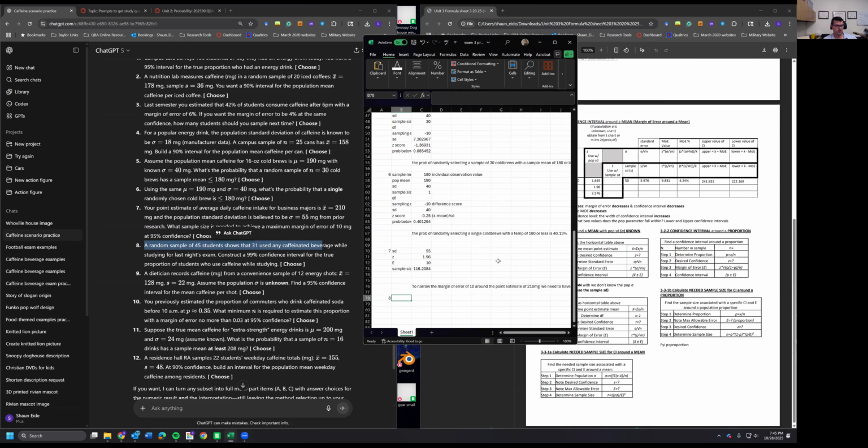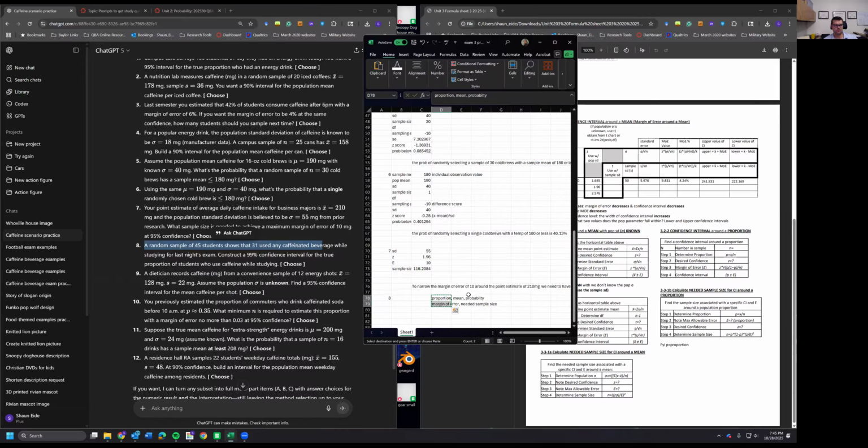So is it proportion, mean, and then probability? And then if it is proportion or mean, is it asking for a margin of error or is it looking for a sample size, needed sample size?